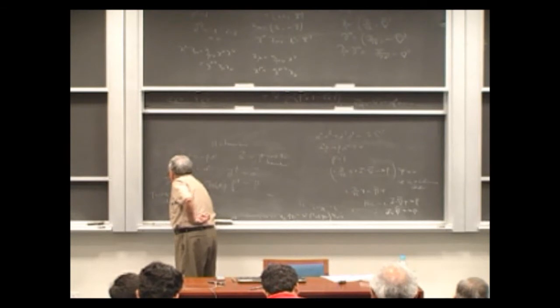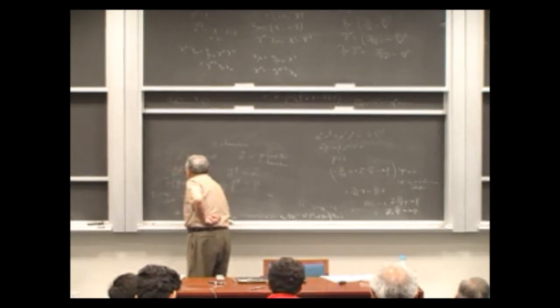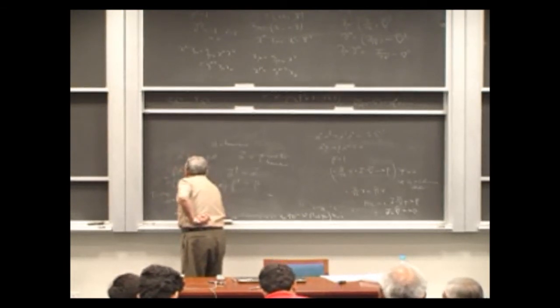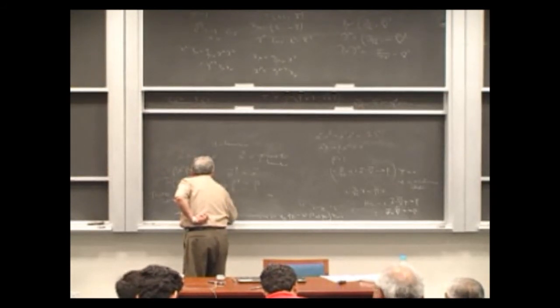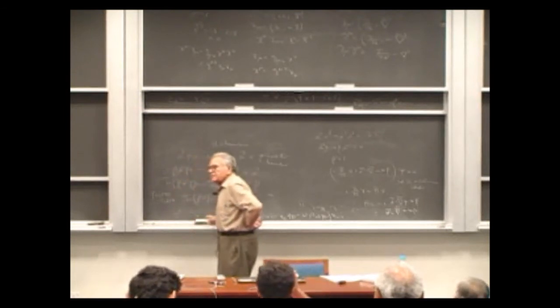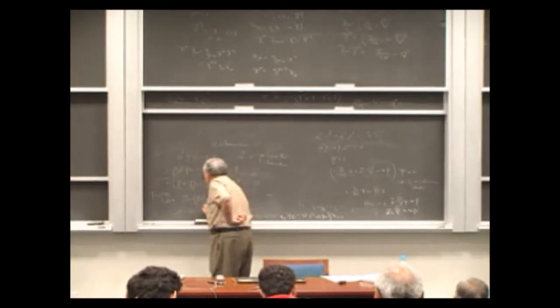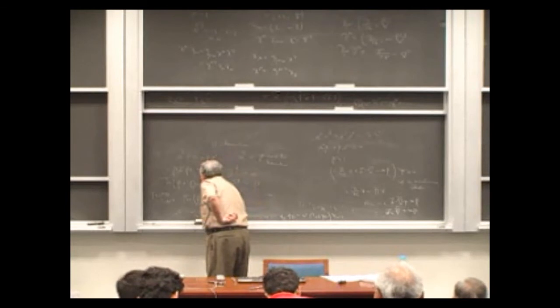So I can write this as trace of beta square alpha minus trace of alpha, and beta square is 1, and there is a negative sign, so the trace of alpha is zero. So it is traceless.